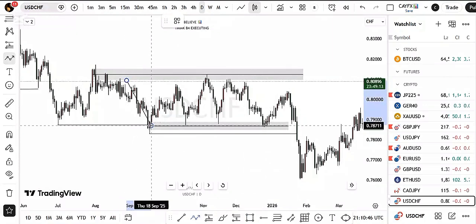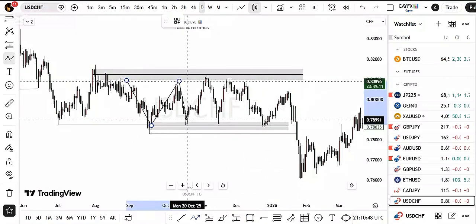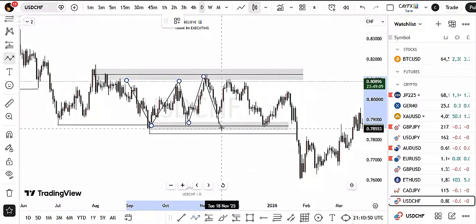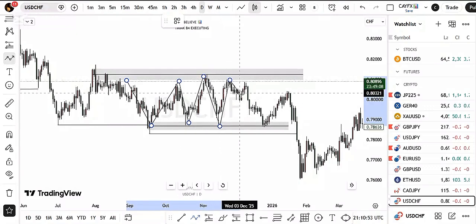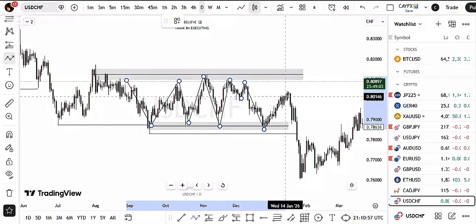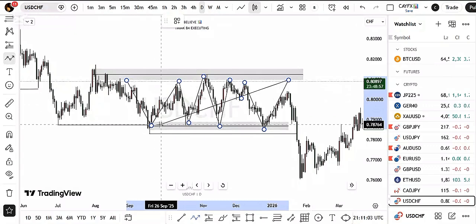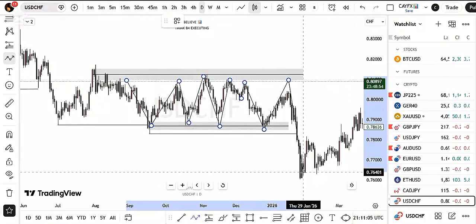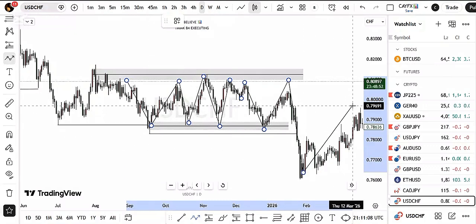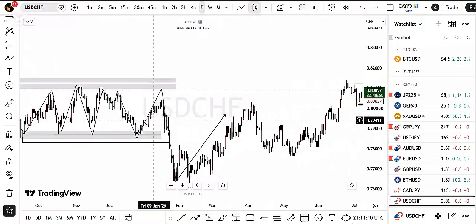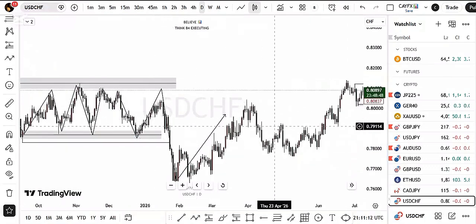It was equal low, equal high, equal low, equal high, equal low, equal high, equal low. Then instead of giving us another equal high, it broke out from here, then continued and sold.